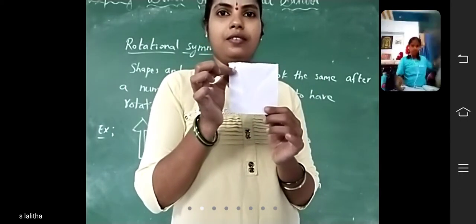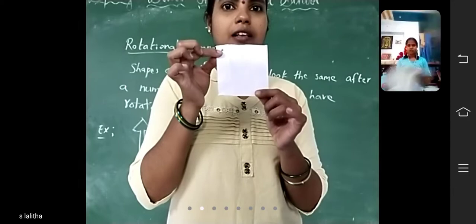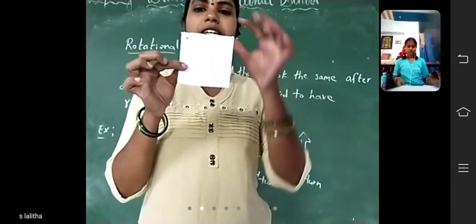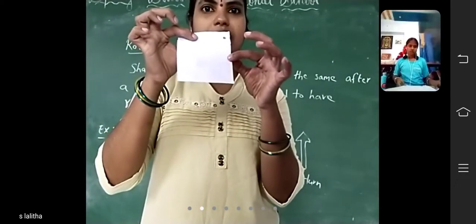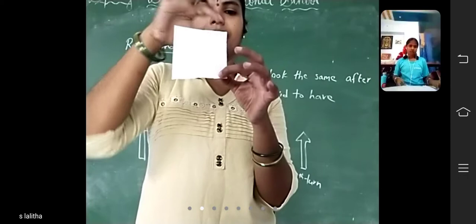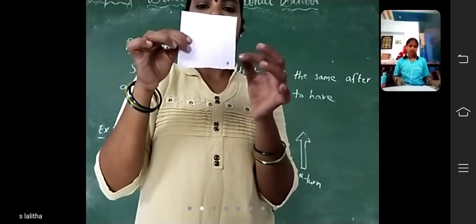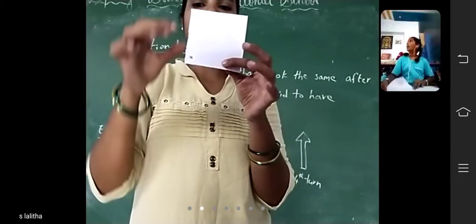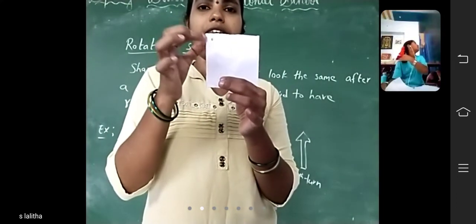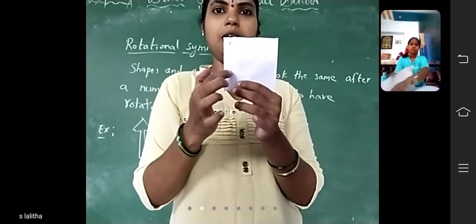Now, this is the original position. Now, I am moving the first turn. It will be here. Second turn. It will be here. Next, third turn. It will be here. Fourth turn. Again, it will come to the original position.